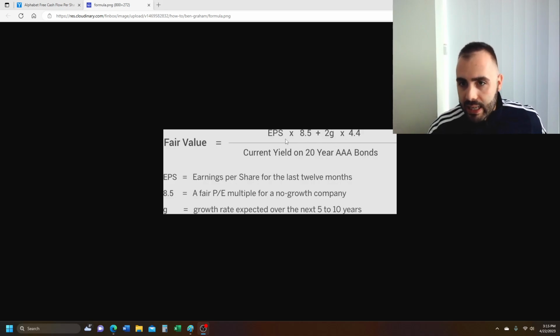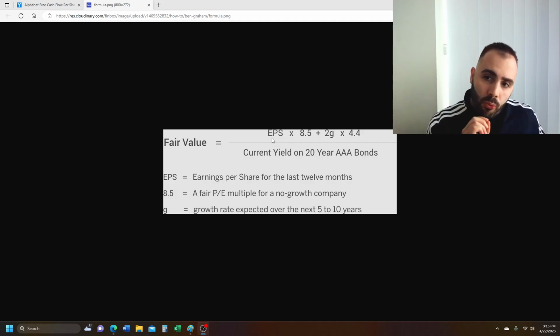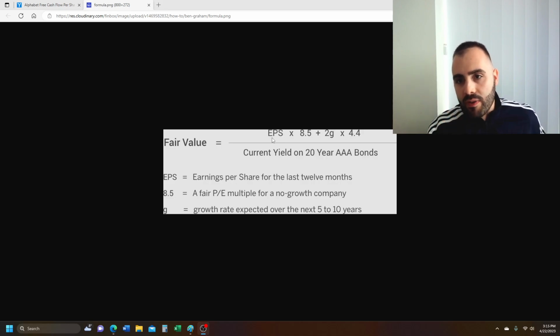Anyways, the idea here is that the fair value, basically, is the earnings per share, which in fact is not the conventionally reported earnings per share, but is actually the free cash flow per share. Because if you look at the adjustments that Benjamin Graham would make to the earnings per share when using the calculation, a more accurate figure would be the free cash flow per share.